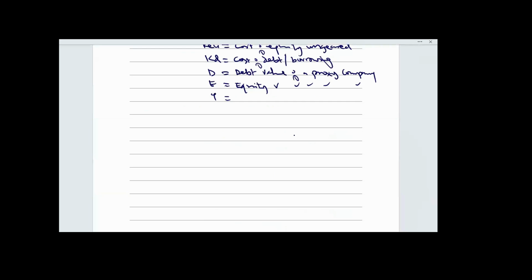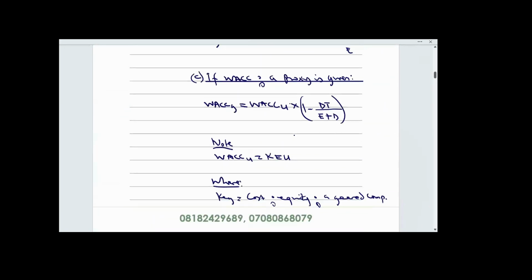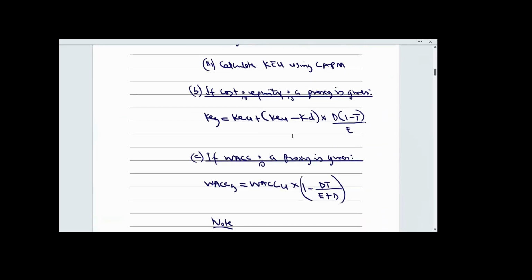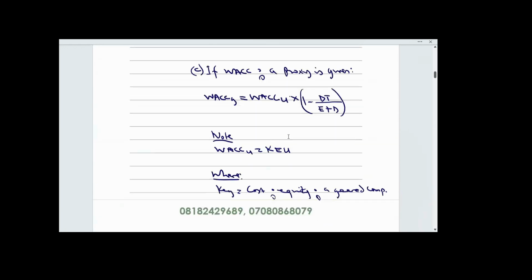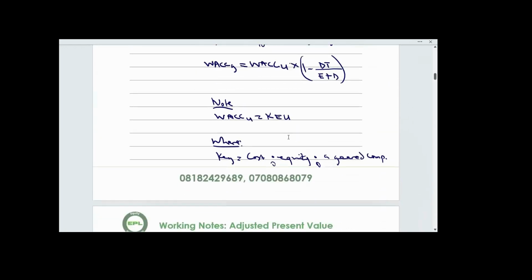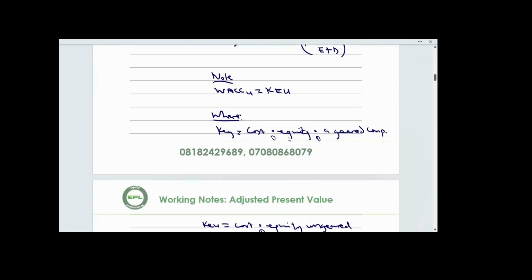T equal to tax rate of a proxy. Okay. D, I've already said D is debt value. So I think that's it. That's it. So that's that.